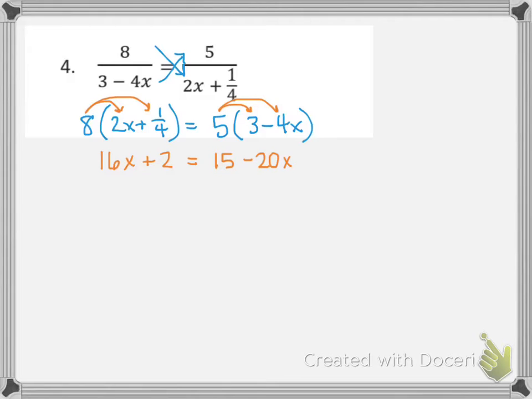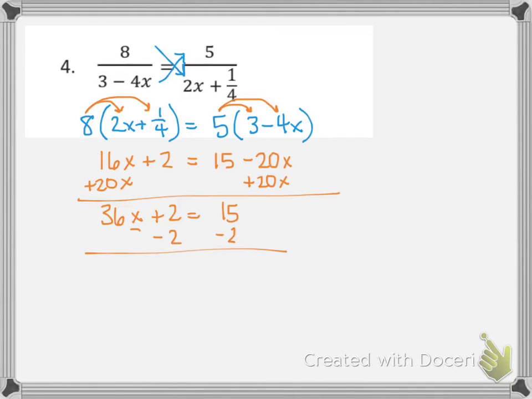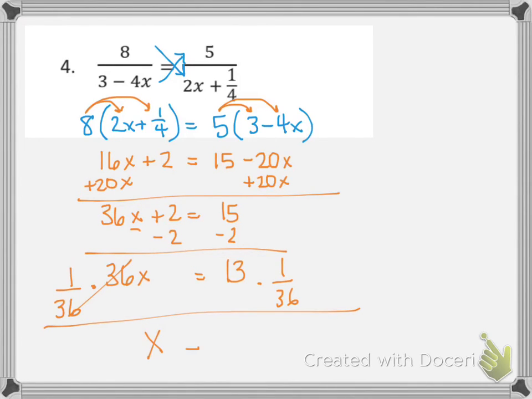All right, we're going to get all of our variables on the same side, so I'm going to add 20x to both sides. That gives me 36x plus 2 is equal to 15. And then isolate this variable, so subtract 2 from both sides. That gives me a 13 on the right side, a 36x on the left, and then I multiply by the reciprocal, 1/36, and that gives us x equals 13 divided by 36, which is 13/36, and that is the value for x.